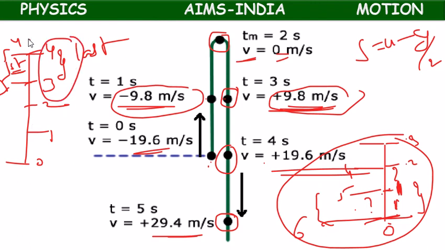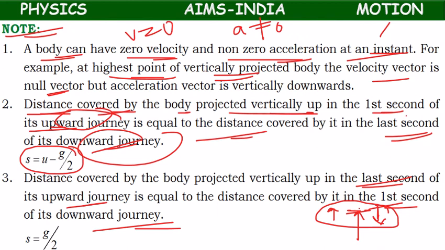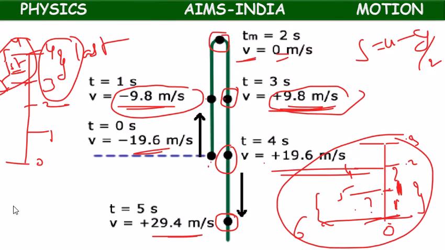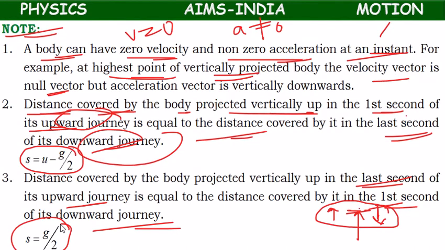They are also equal, but here the distance is calculated by the formula S equals g by 2. If you remember these shortcuts, you can solve the problems easily, children. So keep all these points in note.